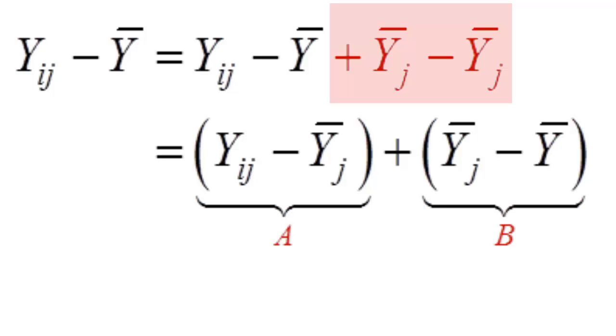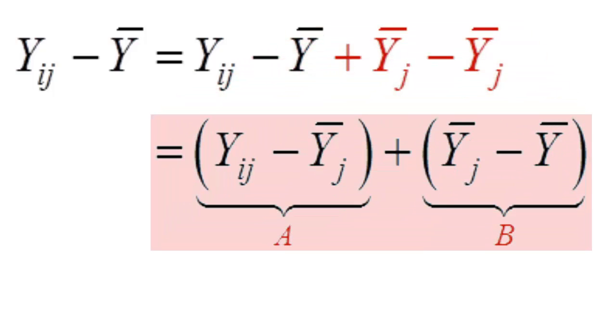That's called completing the square. You may have seen that in other math courses you've taken. Once I add in that constant and subtract it out, which keeps our equality okay, I can rearrange my terms, which you see in the next line. I now have y sub ij minus y bar is equal to the quantity y sub ij minus y bar sub j plus y bar sub j minus y bar.